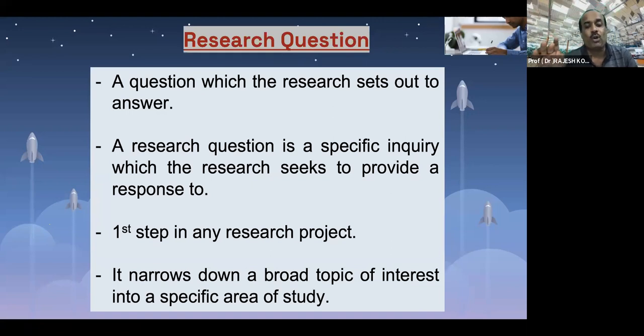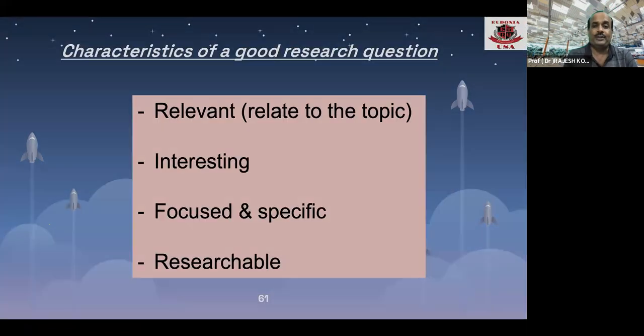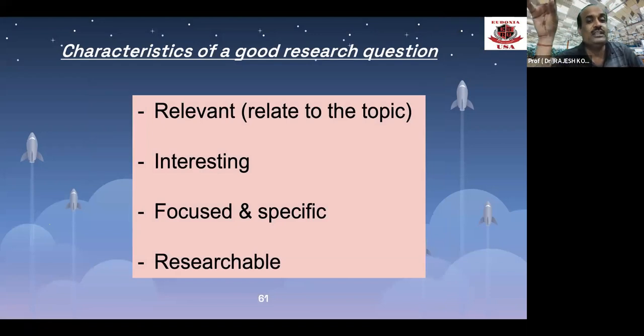It narrows down a broad topic of interest into a specific area. Think that you are doing a study on cancer. Cancer is a very broad area, on which you have to frame a question on exactly what you want to do. So whenever you are choosing a research question, it must be very relevant to the topic.